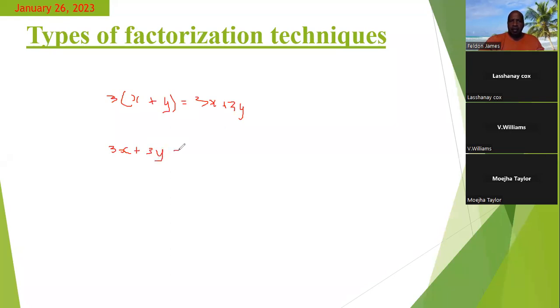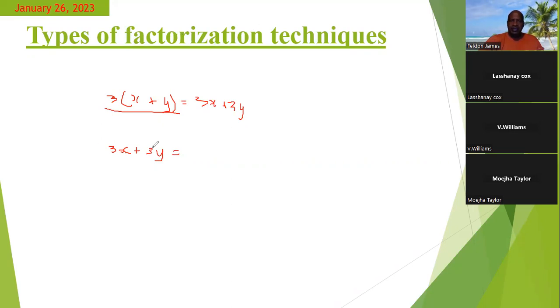If you were asked to factorize 3x plus 3y, it means we have to write it back as factors, right? Now, how can we get from this back to this? We have to do so by the techniques of factorization.